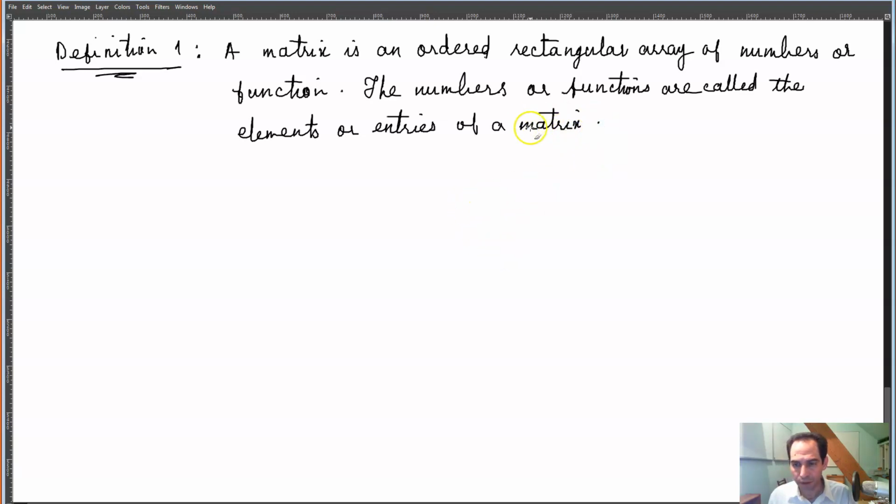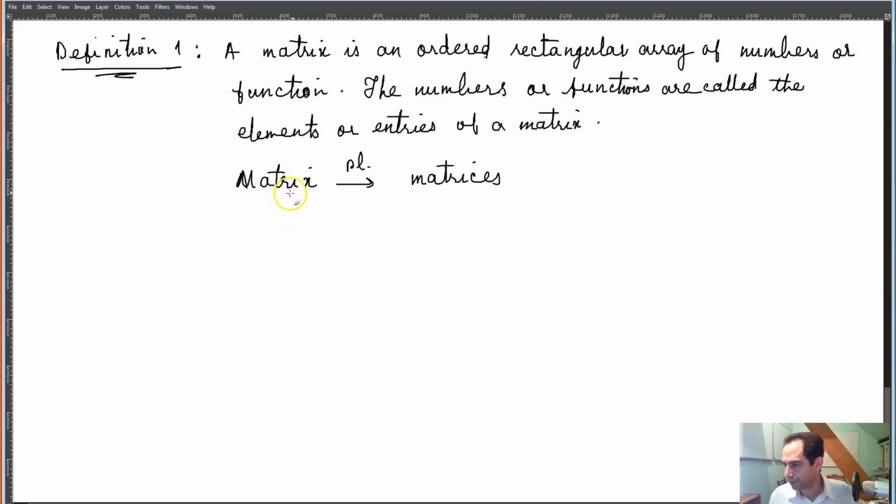Now, first of all, the plural for matrix is matrices, meaning, as far as the word is concerned.